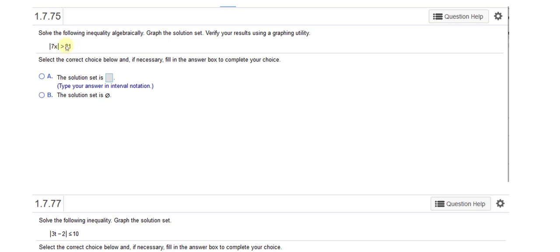Okay, the next question. For this type of problem, we are solving the absolute value inequality bigger than 21. This is the greater than case, so there are two cases: 7x bigger than 21 or 7x less than minus 21. Now you have to solve for x for the two cases here. Divide by 7 on both sides, you get 3.